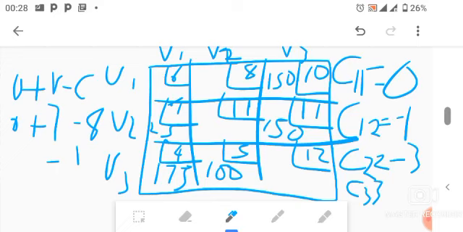What did we find for u3? u3 gave us a value of negative 2. So it's negative 2 plus, what is the v3 value? v3 was 10. So negative 2 plus 10 gives you positive 8, right? Positive 8 minus the cost. What cost value is in that box? 12. Positive 8 minus 12, giving you negative 4.